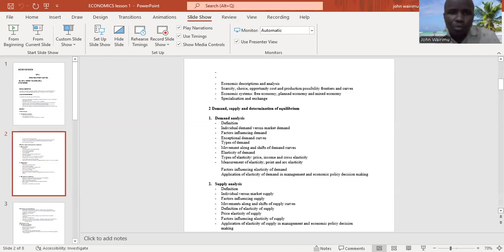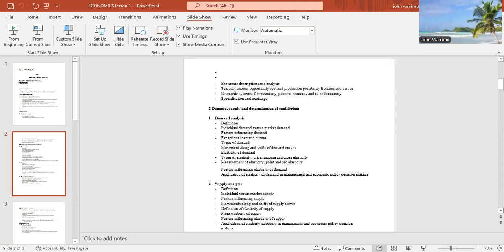We are also expected to look at economic description and analysis. We also look at the definition of scarcity, choice, opportunity cost, and production possibility frontiers and their curves. Economic systems, where we look at what is a free economy, a planned economy, and a mixed economy. We also look at specialization and exchange. That will be the first topic.